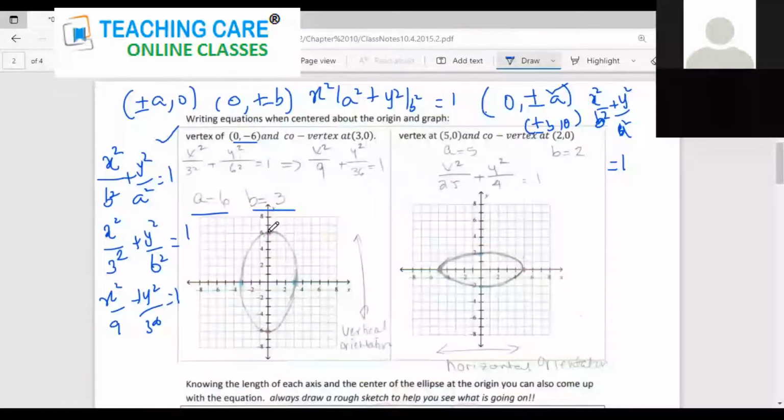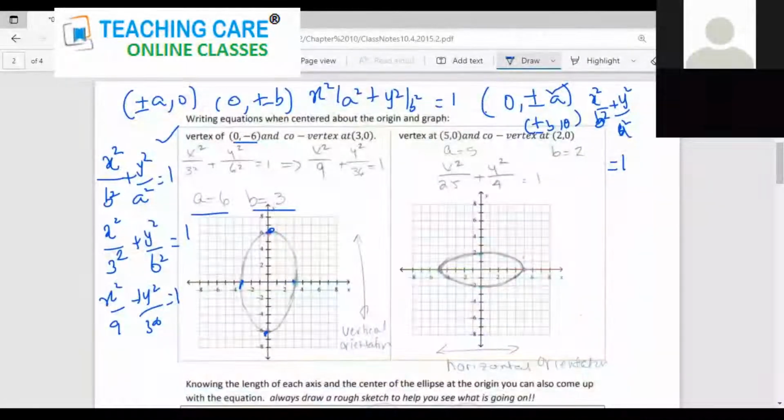The a is 6, and b is at a distance of 3. Understood? All of it passes through the origin, so we are not bothered much about that.